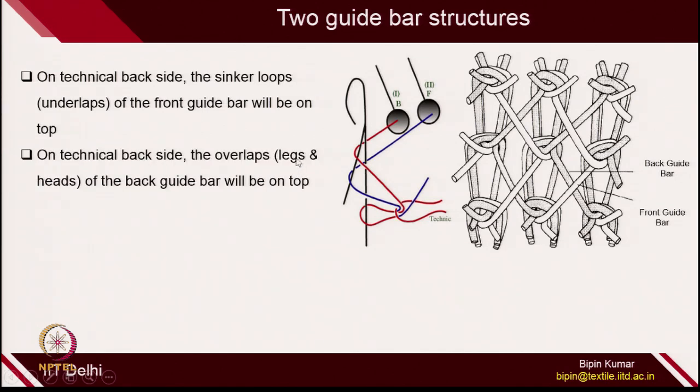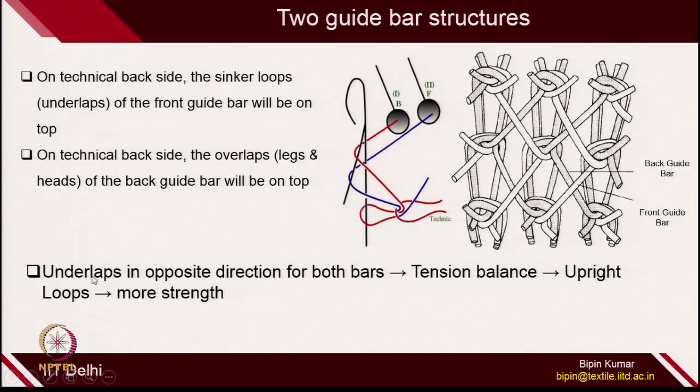But on the technical face side, the overlaps, meaning the legs and the head of the back guide bar, will be on the top. So, if you see the overlap, the head and the legs are on top of the front loops.